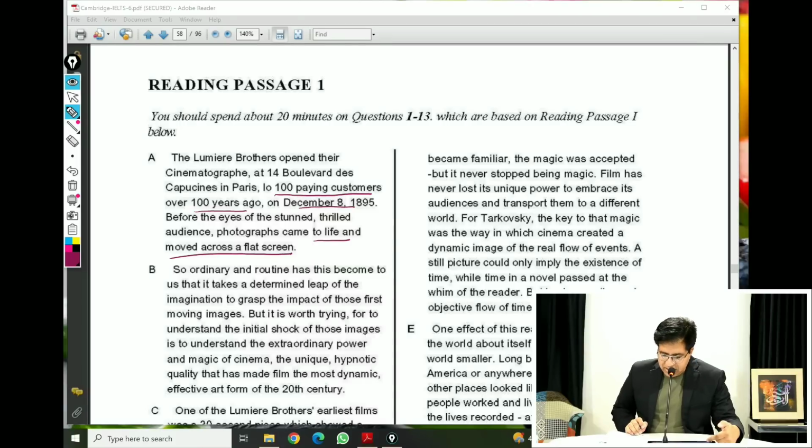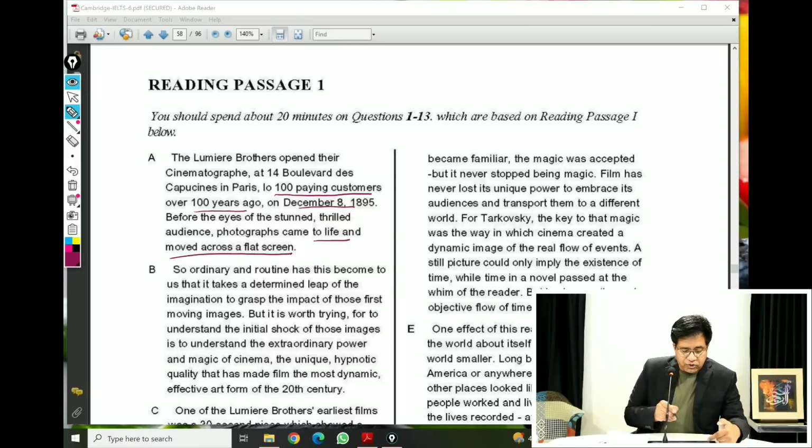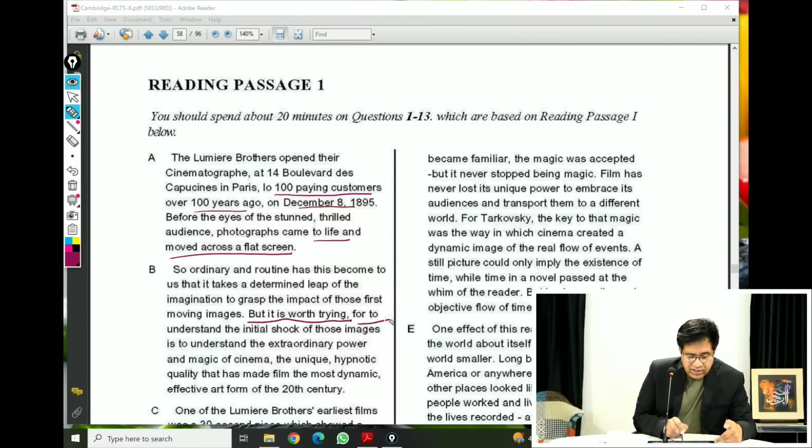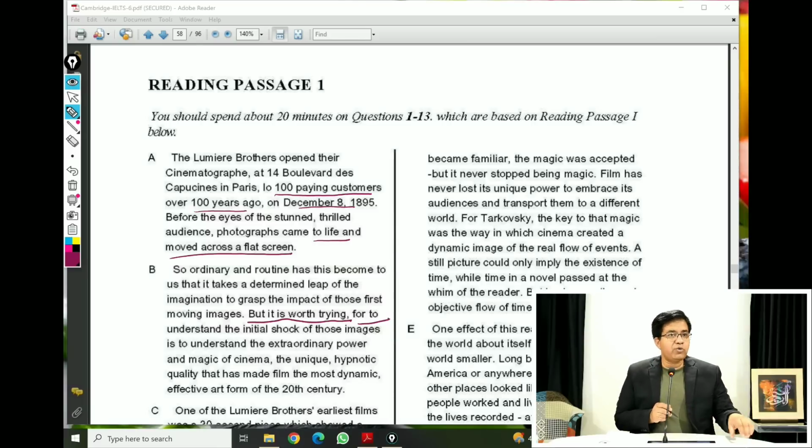Paragraph B. Okay. Fourth line. Very good. But it is worth trying, underline that. It is worth trying to understand. What does it mean? It is important, right? When something is important to understand, that means it is worth trying to understand the initial shock of those images, right?